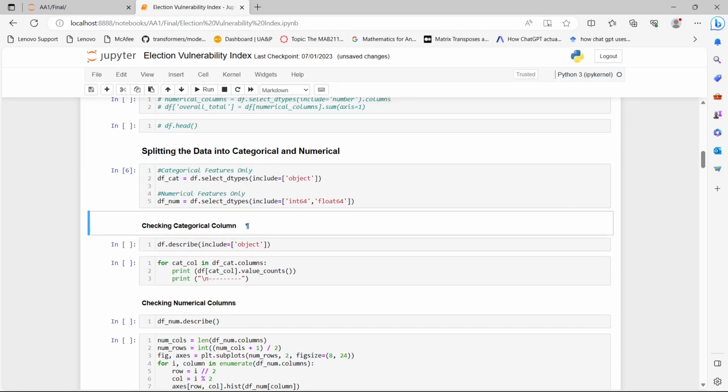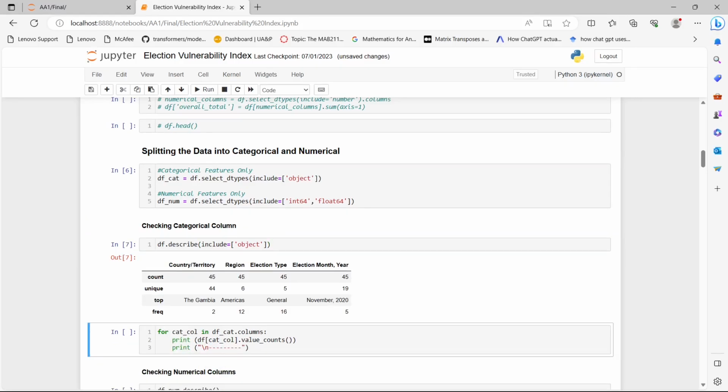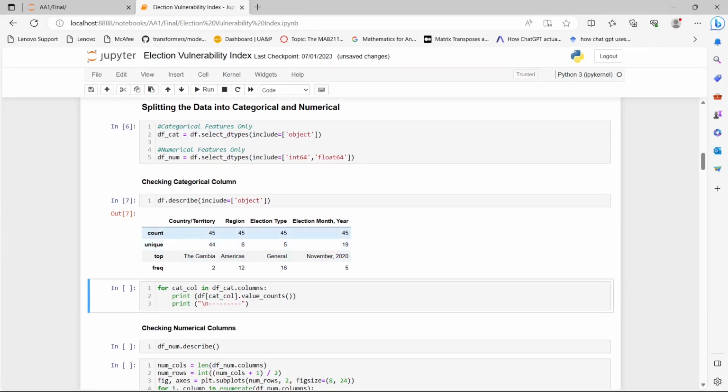Now we are going to check the categorical columns first. By the use of the describe function, we will have the count, the unique, the top, and the frequency. The count, of course, is 45, and we have 44 unique countries. The top is the Gambia, which shows how many times it appears in the dataset.